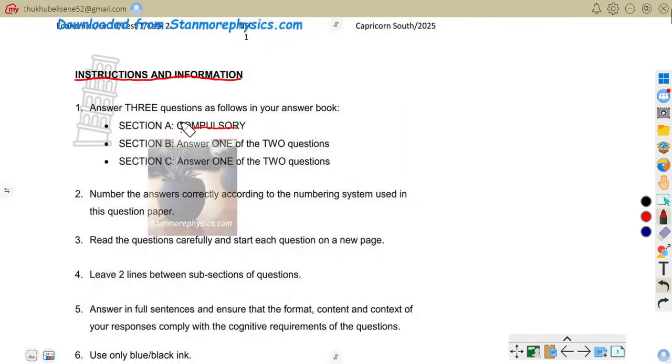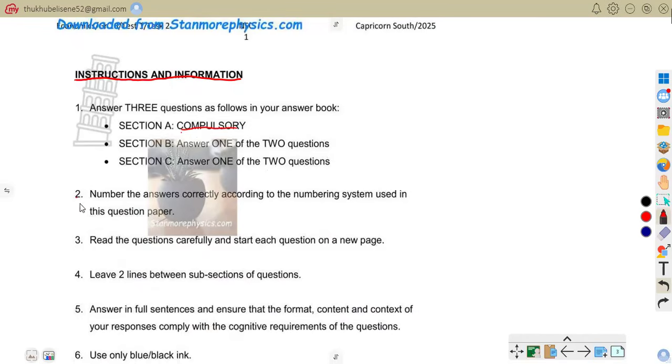Section A is compulsory, so it's a must-attend question. Section B, you are to answer one of the 2 questions, but as you are preparing for this coming Term 1 test, we are going to answer both, question 2 and 3 of section B.